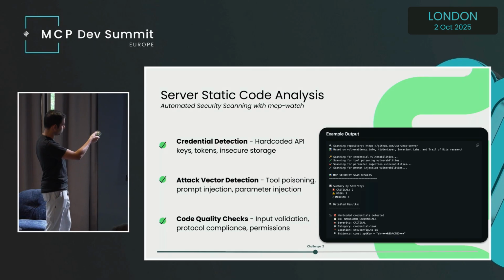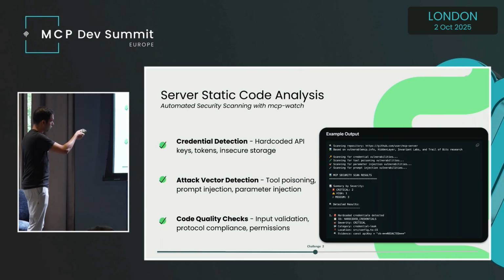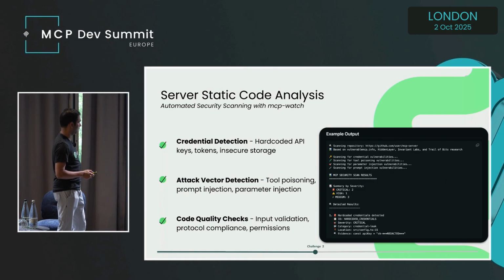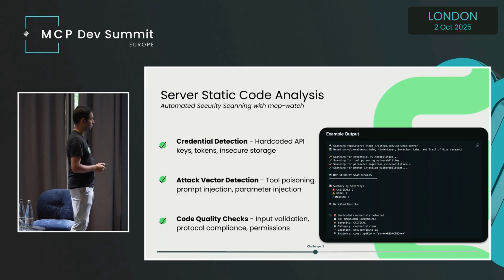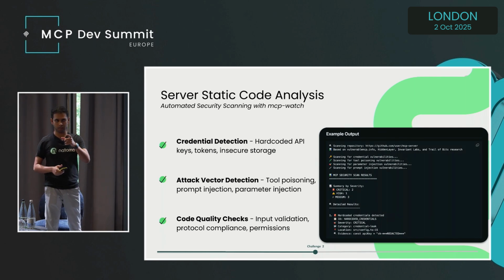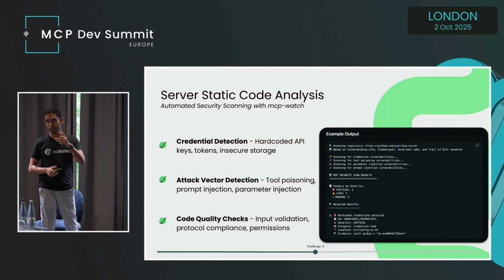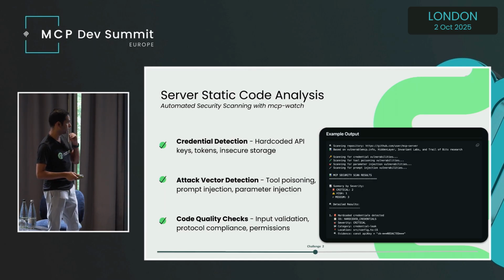Based on that, it generates a report like this: summary by severity, detailed results, hard-coded credential detector, and stuff like that. Tool poisoning and prompt injection have been pretty popular within these reports, such as modification of a description where the description is very explicit about what to do if the tool is executed, basically bypassing the entire tool call.